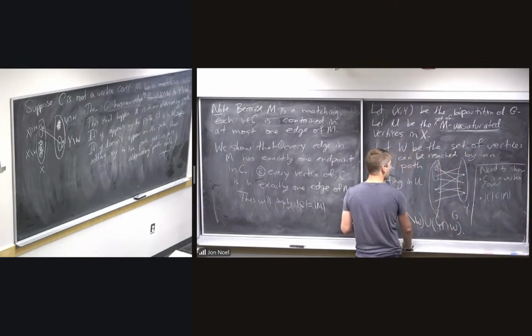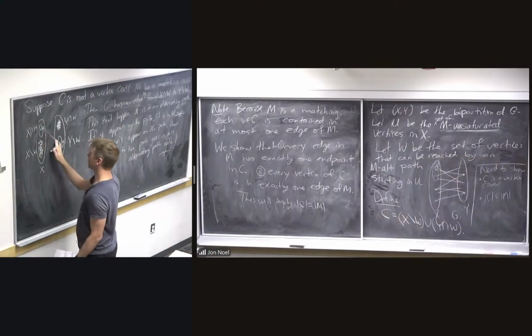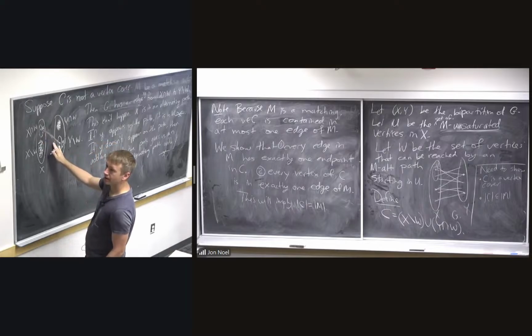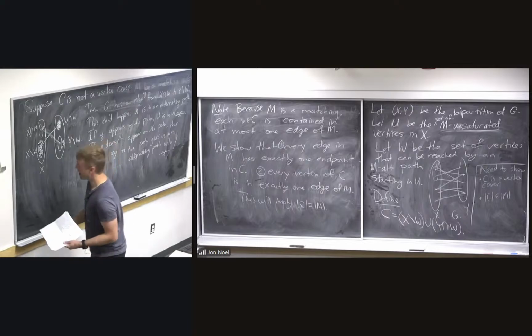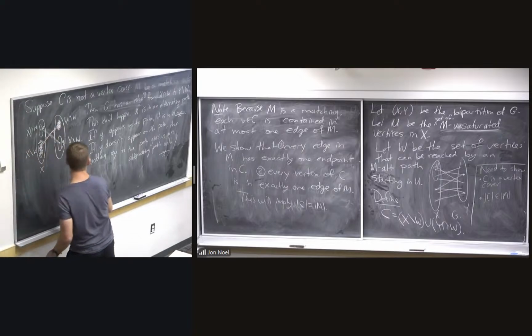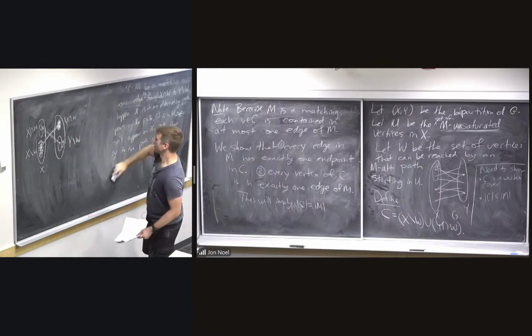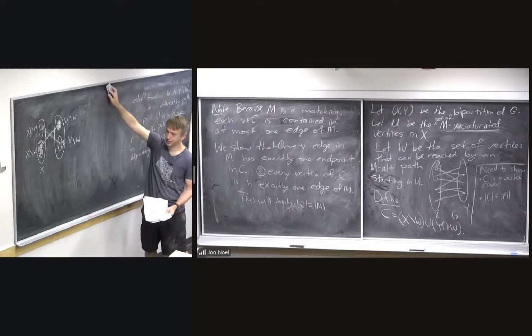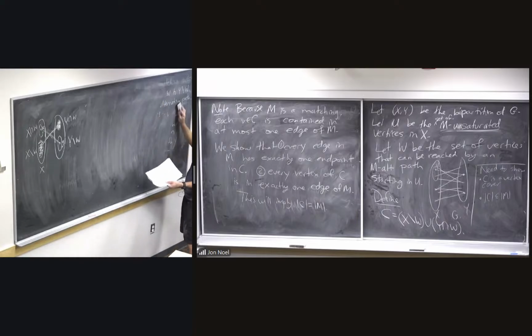Well, actually, maybe I want this drawing again. So for the first statement, it can only go wrong if there's an edge of the matching that goes like this. Every matching edge I know already has at least one endpoint in C because C is a vertex cover.